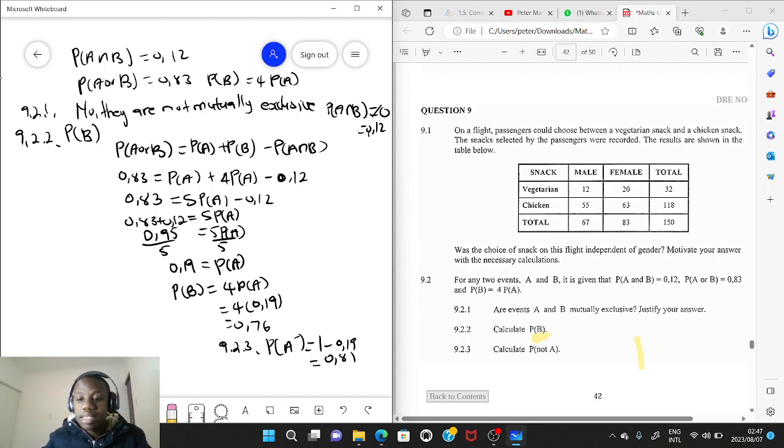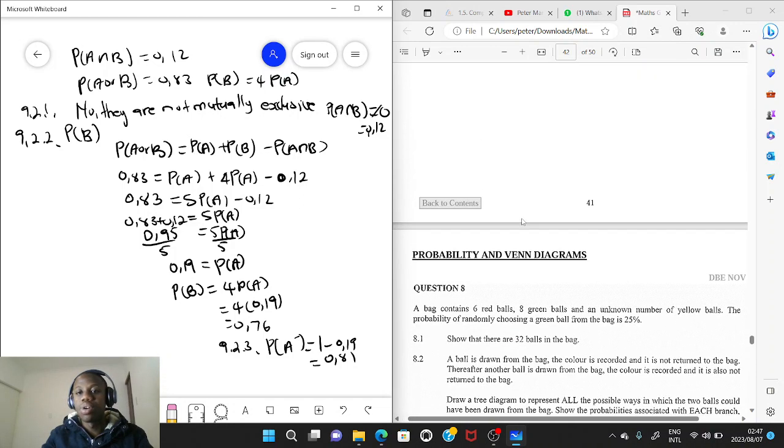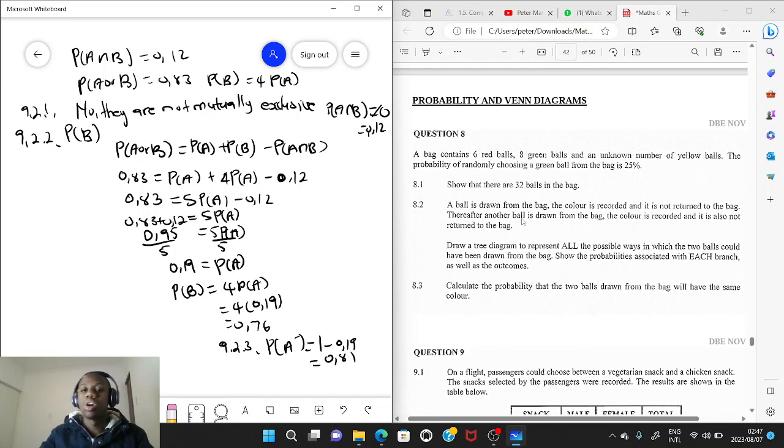We'll have the last session for probability, which will be based on tree diagrams, and we'll dwell into some questions. Then we'll have a revision session for the entire worksheet of probability, consisting of all aspects of probability, being Venn diagrams, contingency tables, as well as the tree diagrams, including those events as well.